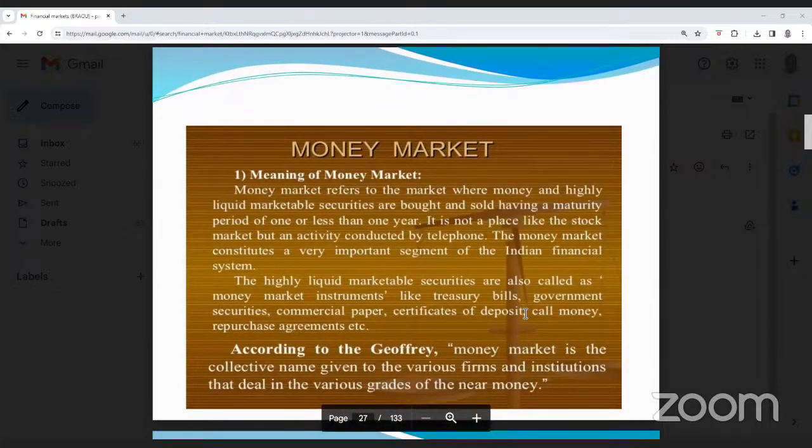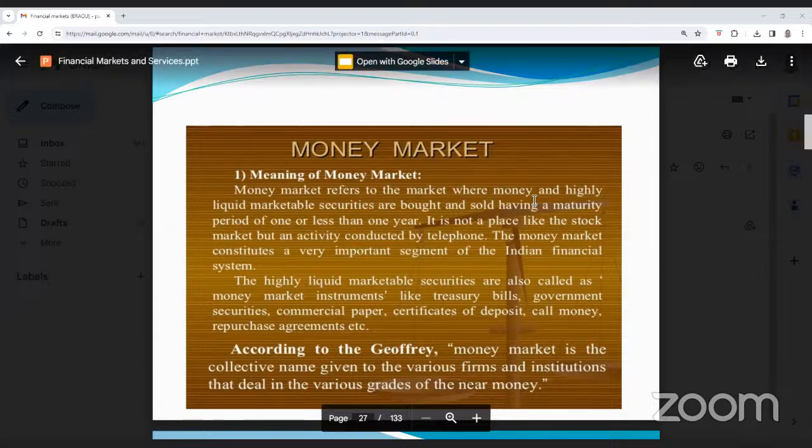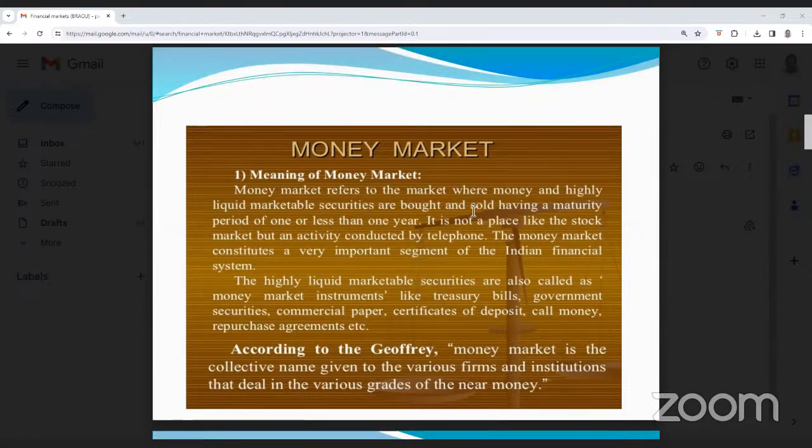Take this money market meaning and the definitions. Here, money market refers to the market where money and highly liquid marketable securities are bought and sold.